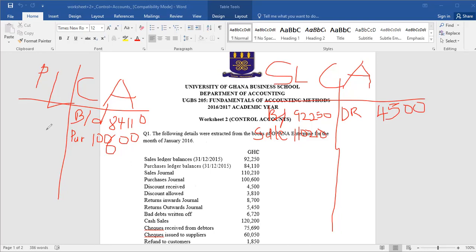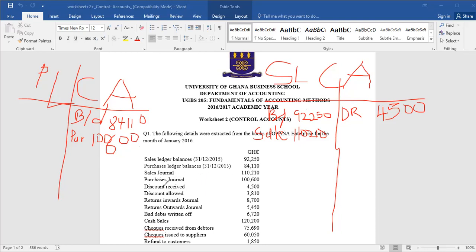So discount allowed. You can only be allowed the discount when... sorry, this was discount received. So this is supposed to come here and this cancels, because this is the discount that you have received.